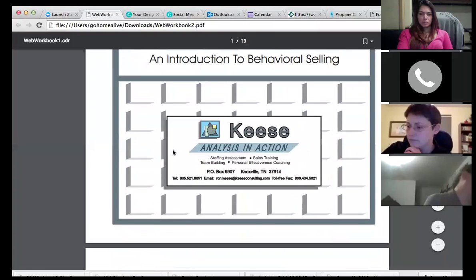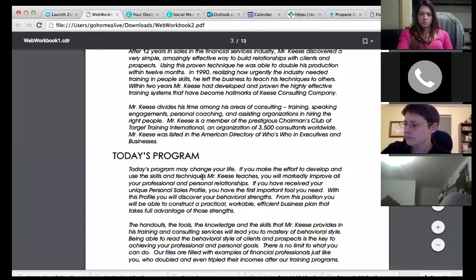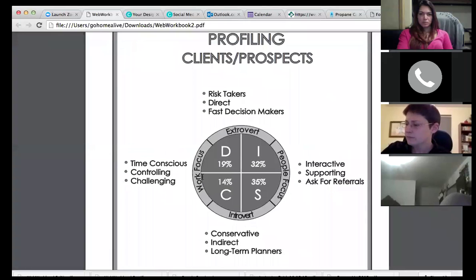Now, you've got page 4 out there, and you might want to write these percentages. Well, it's on the page, a couple of pages before. 19% of the population are high Ds, 32% are high Is, 35% are S's, and 14% are high C's.